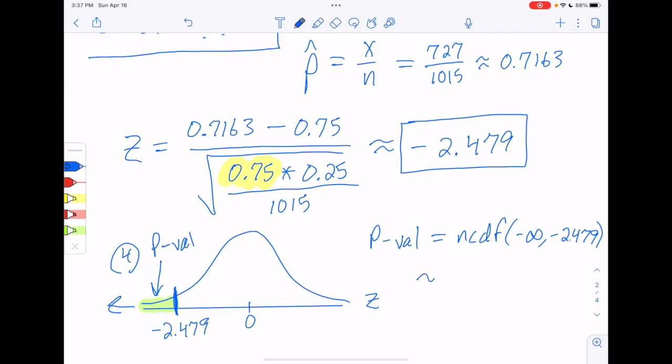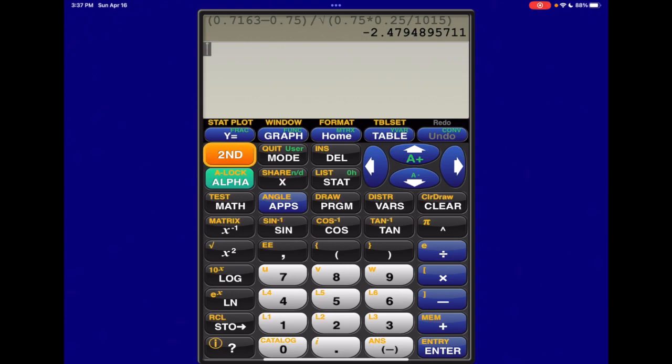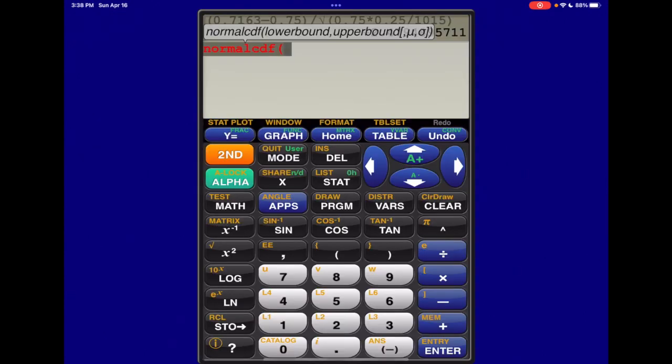And then we'll go to the calculator and see what we get for that, and whatever we get will be our p-value. So second distribution menu, normal CDF, left boundary, negative infinity, and then right boundary, negative 2.479.